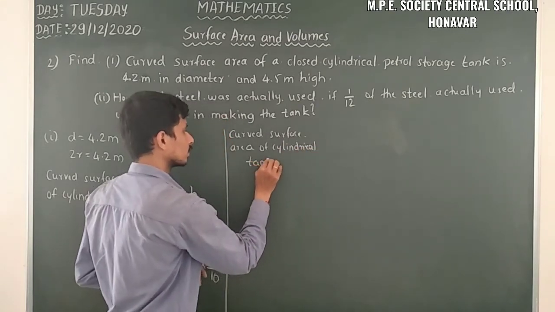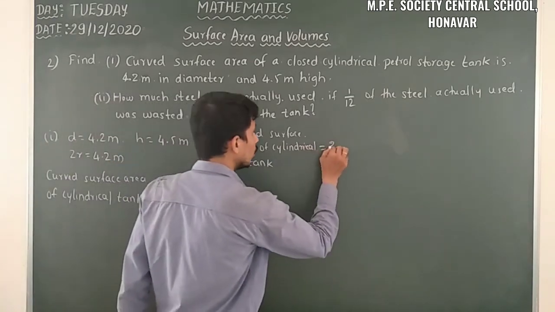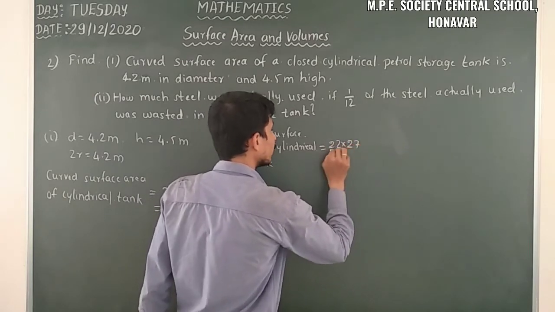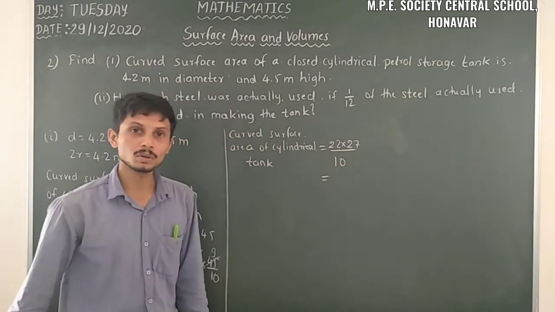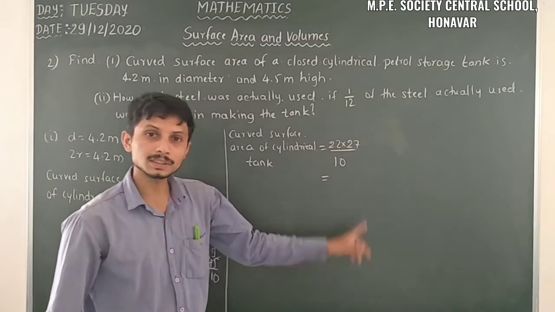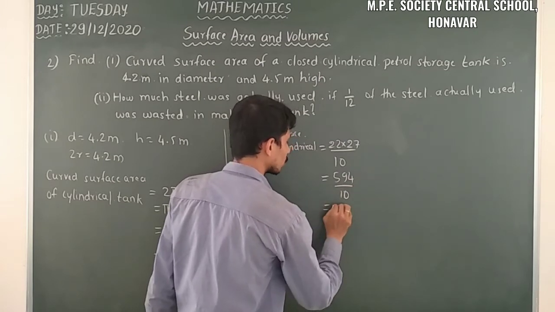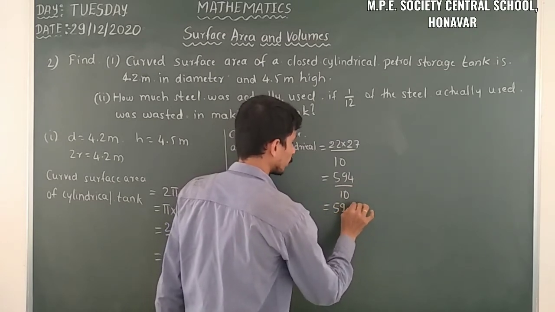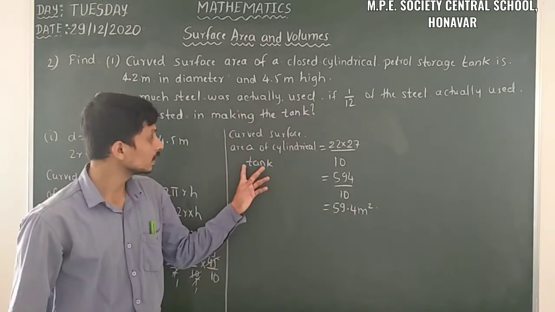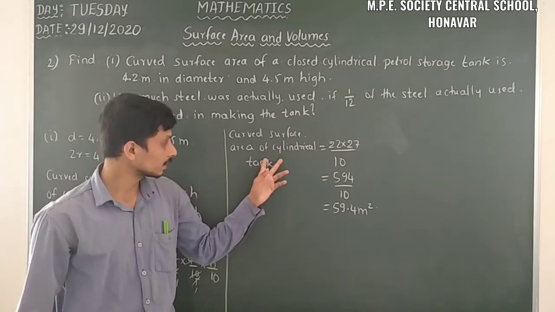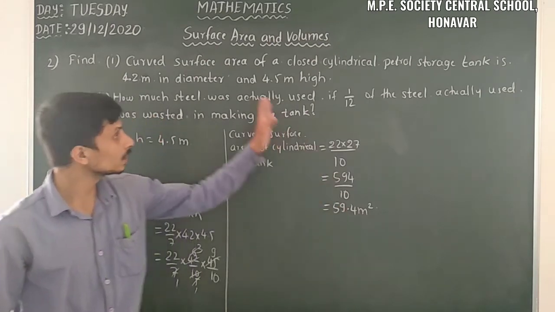Just observe, it is 22 into 3 into 9, which is 22 into 27 divided by 10. 22 into 27 is 594, and 594 divided by 10 is 59.4 meter square. So the curved surface area of the cylindrical tank is 59.4 meter square. It is only the curved surface area.